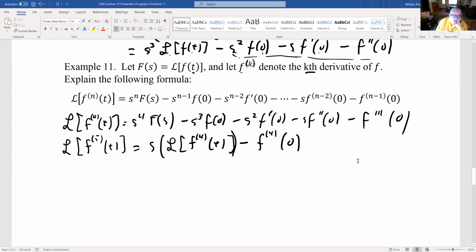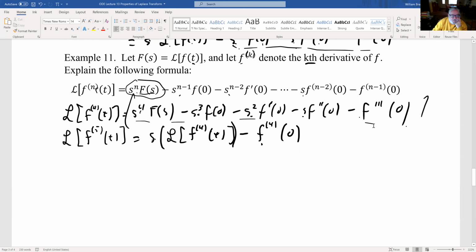But the Laplace transform of the fourth derivative is this whole thing. So what does that mean? If I distribute the s across this whole mess, I'll get an s to the fifth, and then an s to the fourth here, an s cubed there, an s squared, and an s, and then minus that. So s to the n times the Laplace transform of the function, and then decreasing powers of s times derivatives at various values. And so that gives us the derivative.